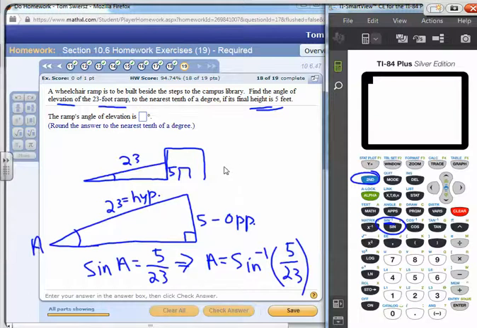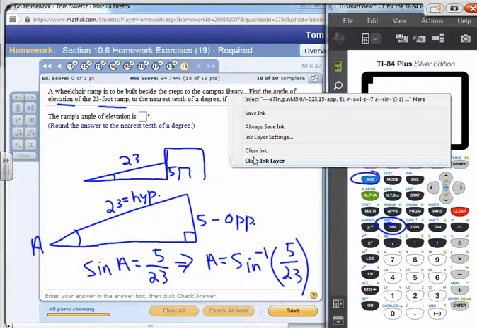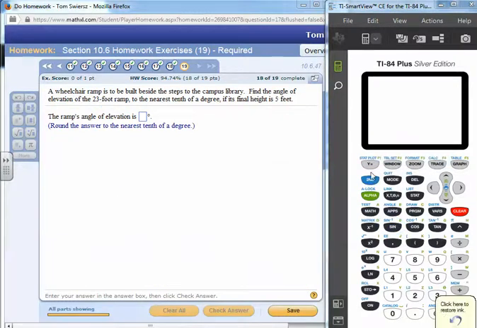So we'll go ahead and put that into our calculator. Second, sine inverse, and then it was what? Side opposite 5 divided by the hypotenuse, the ramp 23, and the angle is 12.55, rounded to the nearest tenth.